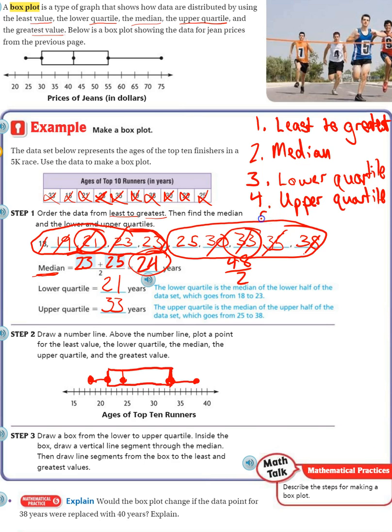And then the last step, you find the greatest value. So you're going to have the least, the greatest, the median, and then the lower quartile, which is the middle number of the lower half, and then the upper quartile, which is the median of the upper half.